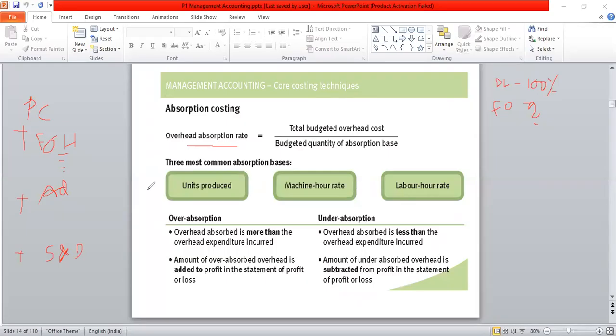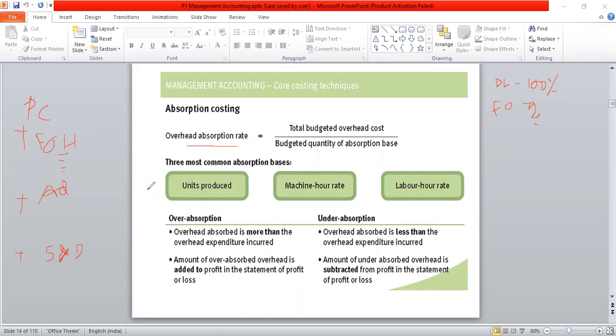So when this rate is applied, will it be precisely the same amount as the overhead which is incurred? It is not possible, because some of the items may be absolutely unconnected to the base. Let's say the base is taken as labor hour, and the product depends too much on machines, with automation and all. In that case, a very small amount of overheads will be charged to that particular product.